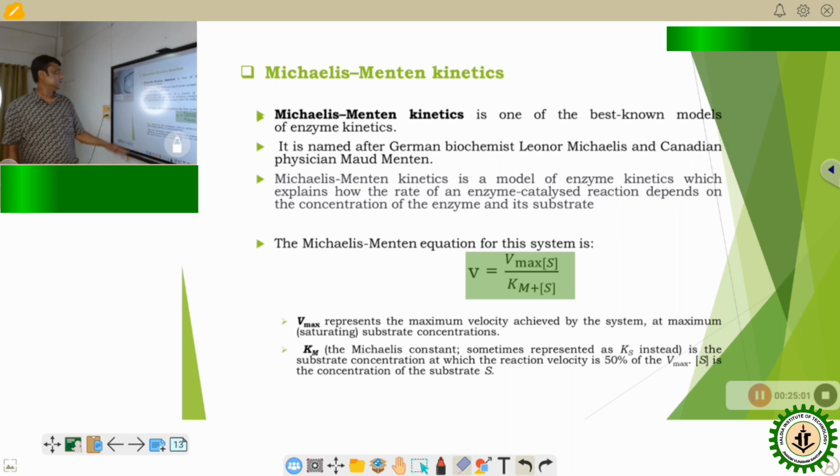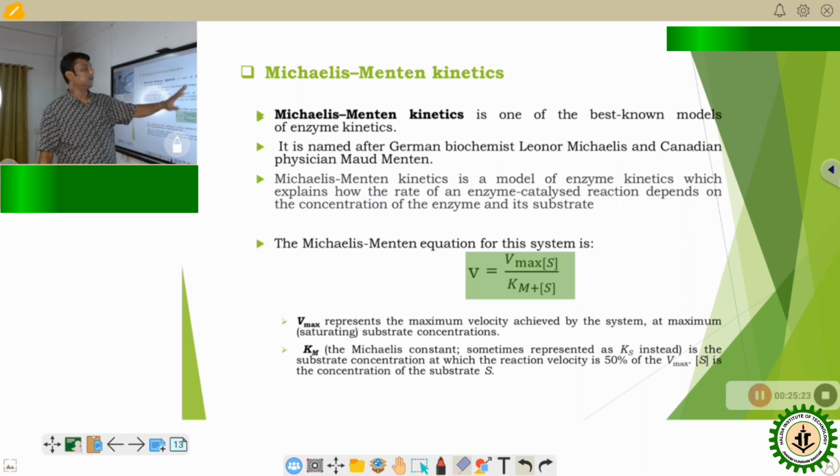There are two scientists, the German biochemist Leonor Michaelis and the Canadian physician Maud Menten. These two together gave an equation, and that equation explains each and every activity related to enzyme kinetics.